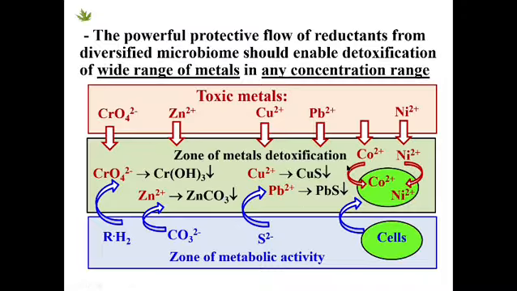And here you can see a general confirmation of precipitation, different mechanisms of precipitation of a wide range of metals in the contactless zone. Here you can see the reduction of chromium-6 with precipitation of zinc due to the forming of zinc carbonate, and the next, sulfides of insoluble divalent cations.